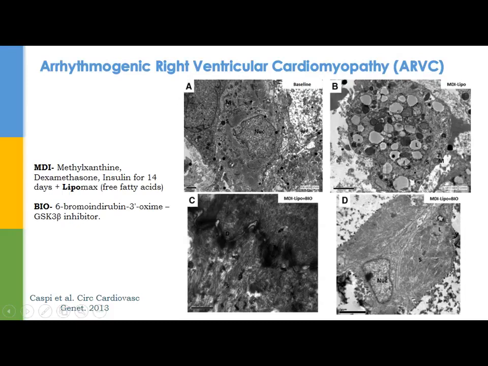And we use this technique for modeling a very challenging disease to model, arrhythmogenic right ventricular cardiomyopathy. This is one of the most arrhythmogenic syndromes and a common cause for sudden cardiac death in young athletes. The hallmark of the disease is lipid droplet accumulation.